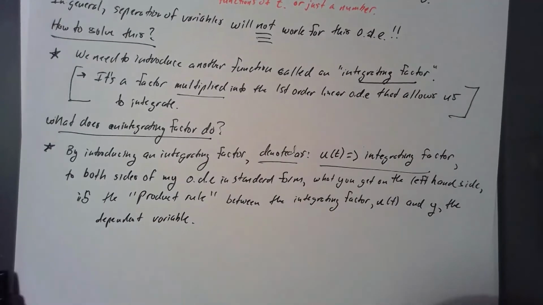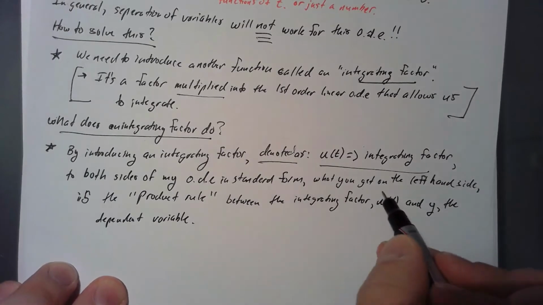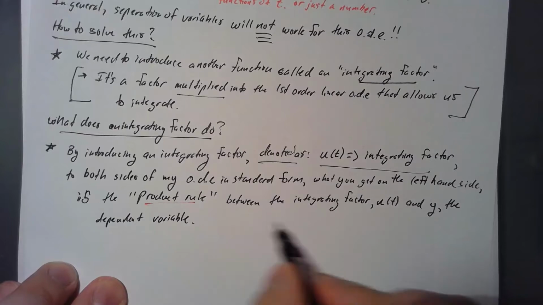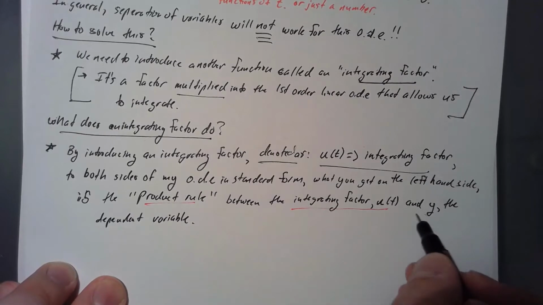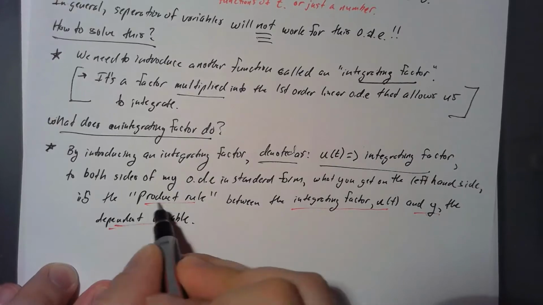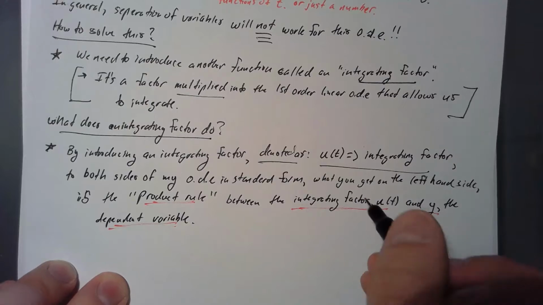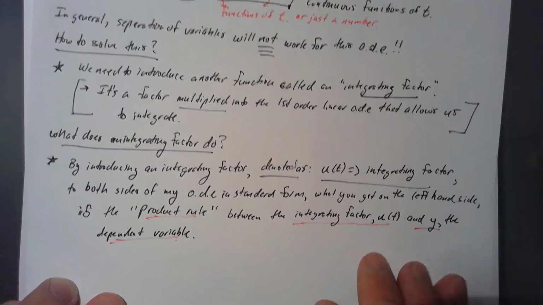So here's the important thing you want to focus on here: you get the product rule between the integrating factor and y, the dependent variable. So integrating factor times y.